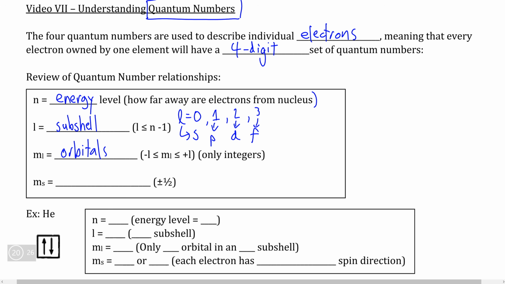And which orbital an electron is located in depends on what type of subshell, which is why the orbital value, m sub L, depends on what our L value is.